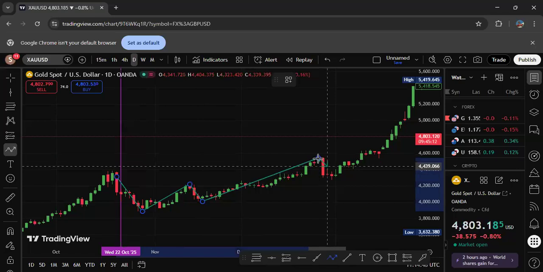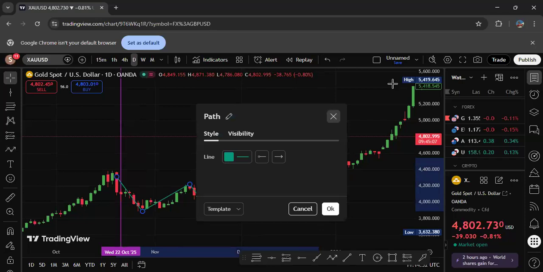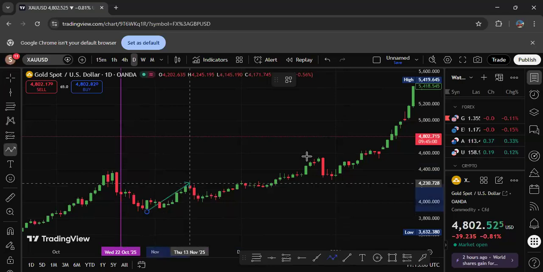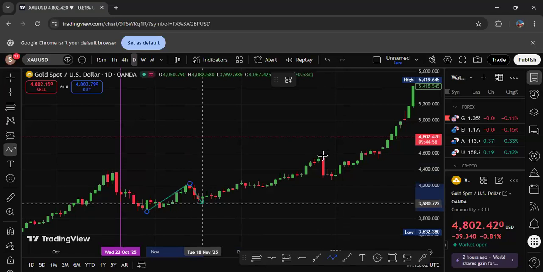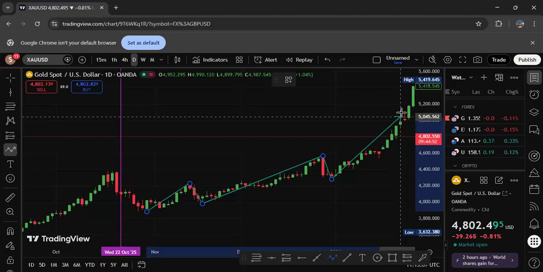We still have some small retracements here, but I want you to focus on the major pullbacks. So this is a push up, this is a pullback, this is a push up, this is a pullback, this is a push up.